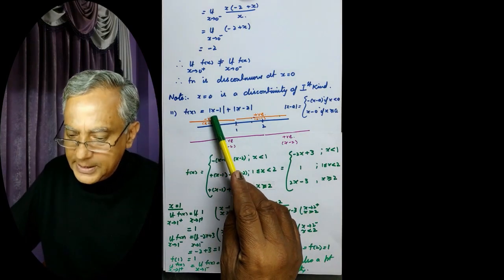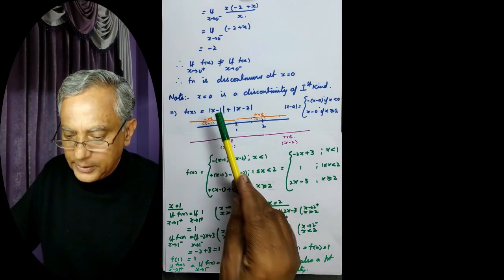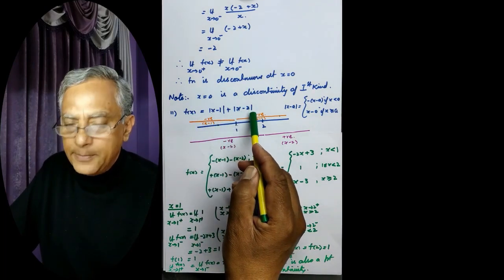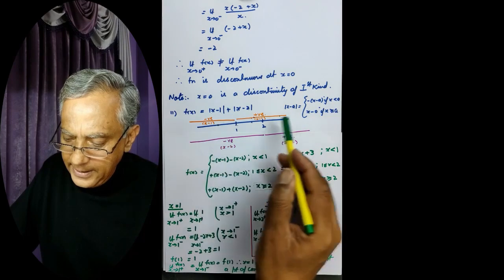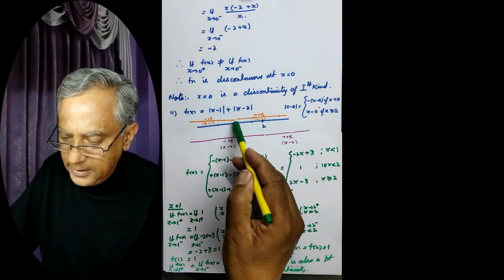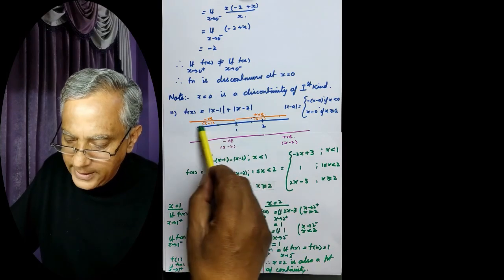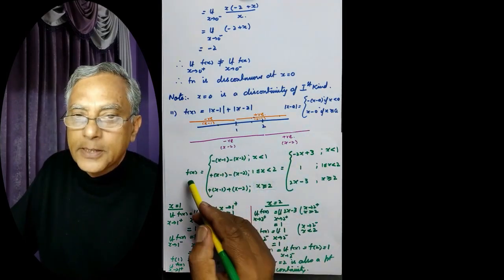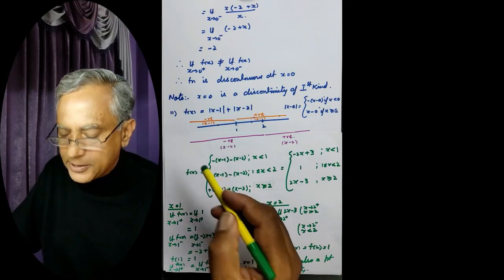So in such questions, I told you that what you do is, f(x) equal to |x minus 1| plus |x minus 2|. Divide the number line into 3 intervals. This is x equal to 1, 2. So one interval is this much, second is this much, third is this much. Then change f(x) to this one.